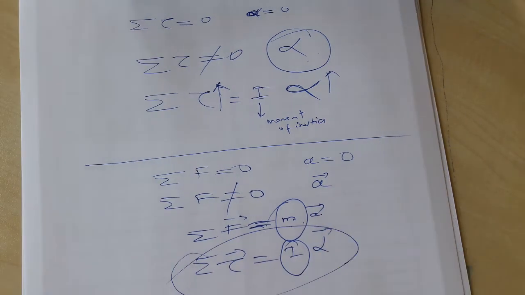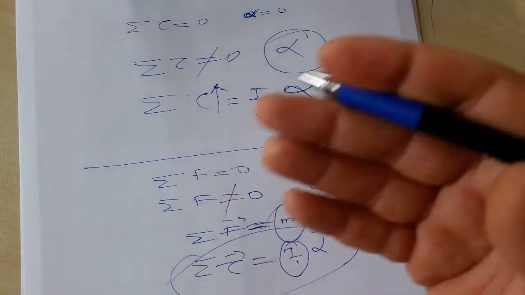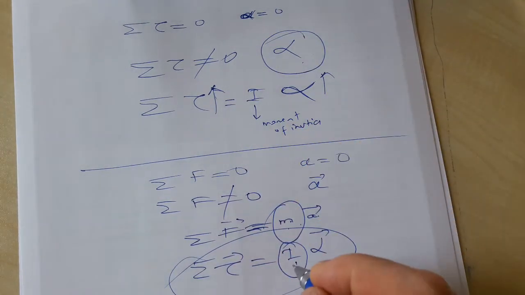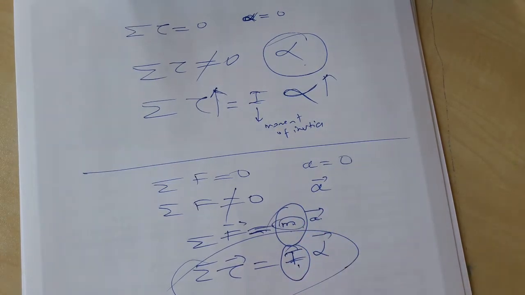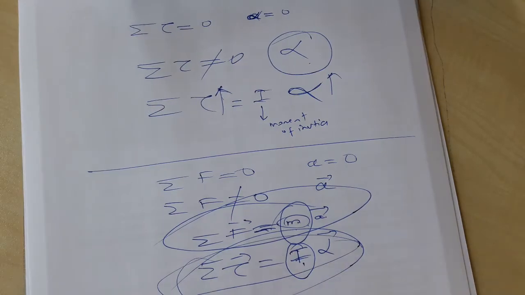In rotational motion, if moment of inertia is big, you cannot easily accelerate an object in rotation, or you cannot easily stop the rotation. So moment of inertia and mass are similar things. One of them is in translational motion, the other one is in rotational motion.